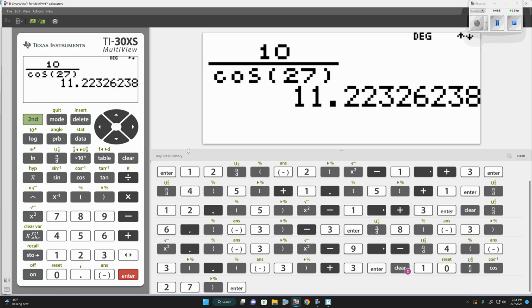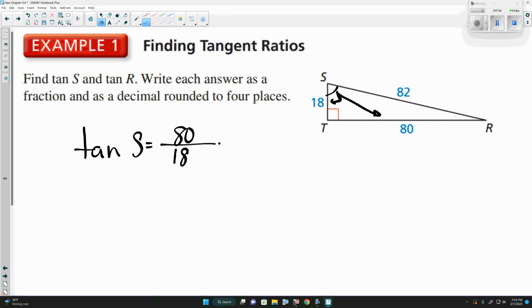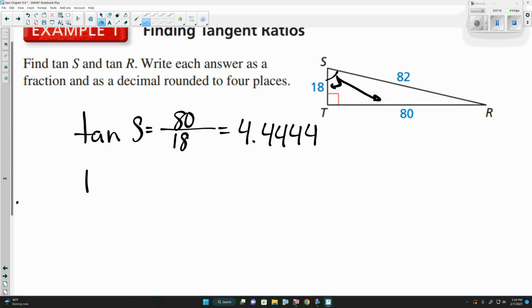And again, if we wanted it in decimal form rounded to 4 places, we can say 80 divided by 18, which is 4.4 repeated, so 4.4444. Then we also need to find tangent of R. Now R is over here.